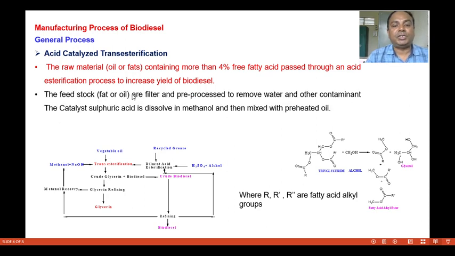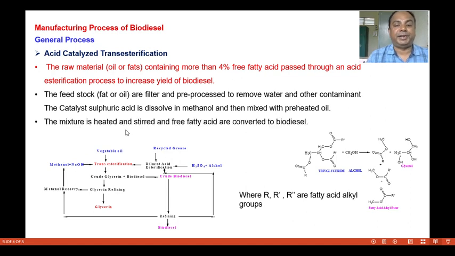So the feedstock is pre-processed. That means any water content or any contaminant present in the raw material is separated or removed. Then the catalyst, sulfuric acid, is dissolved in methanol and then mixed with preheated oil. So the oil is heated and this catalyst along with the methanol is put in the preheated oil, that is the raw material.